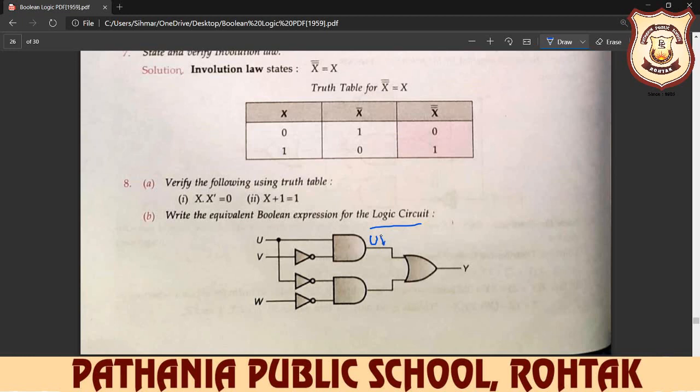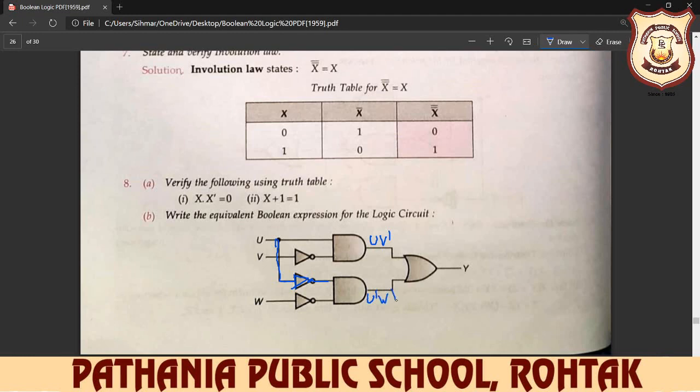U V complement. And here again you see U, through a NOT gate. So this is your U complement. And W complement.